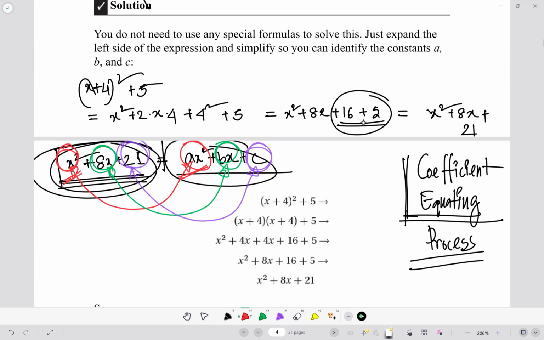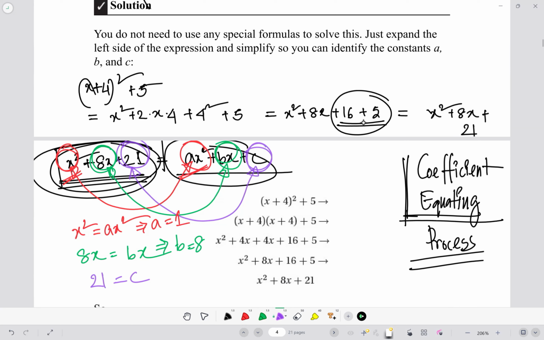I'm equating x squared to ax squared, 8x to bx, and 21 to c. So what is the value of a? The value of a is 1. Am I correct? The value of b is 8, and the value of c is 21.